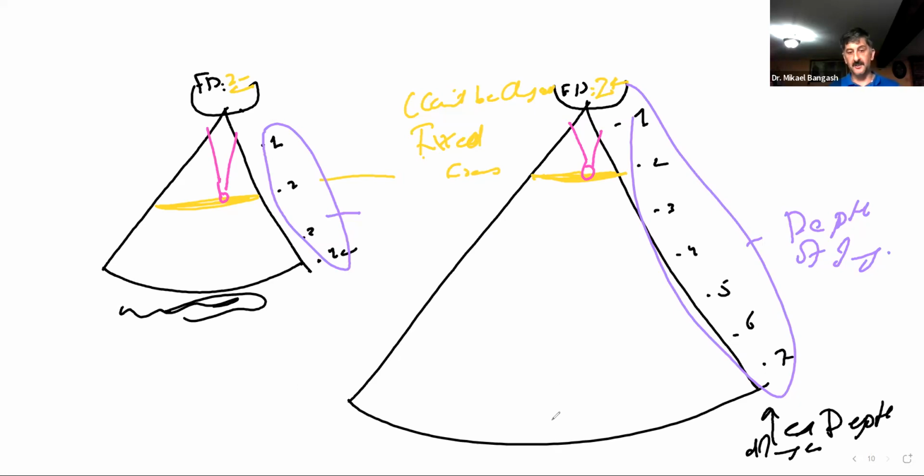So there's great visibility. I may be able to see up to 7 feet or something like that. But I'll still only be able to focus at a depth of 2 centimeters or 2 feet. Why? Because my focal depth was fixed. Did that make sense?